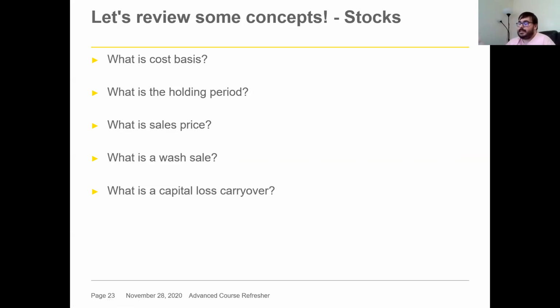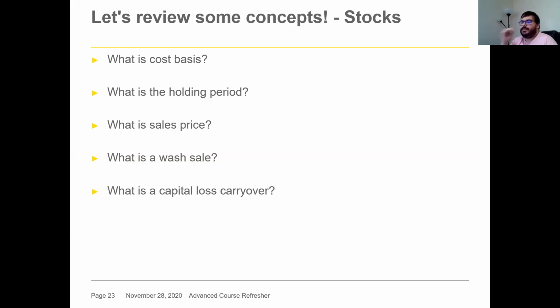So your cost basis is essentially how much you paid for either the stock, or it might be a house, or anything that would generate a capital gain. It is either what you paid for it, or, if at any point you have made modifications to that basis because you spent more money, especially on a house, for example, let's say you replace the roof, then you can tack on the cost of the roof to that.